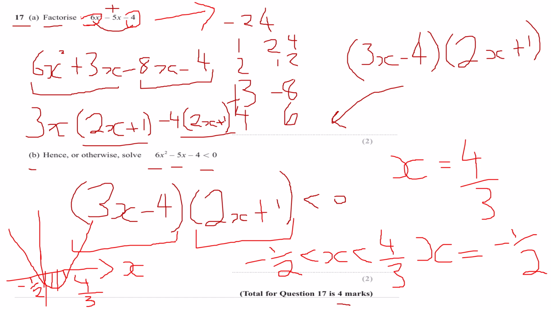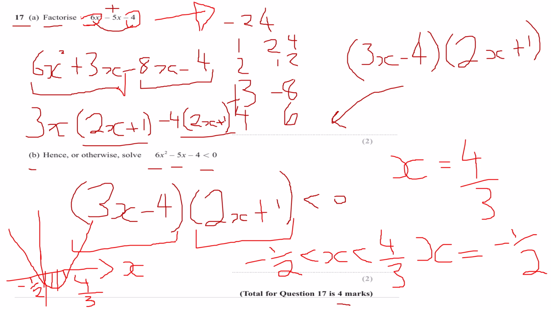It's not a lot of factors, but it would still have taken quite a bit of time. But you can do it with the trial and error method. In fact, with my students I do it by trial and error, but because I'm making a video here, I'm trying to formalize it. This is factorizing a non-monic quadratic where the coefficient of x squared is not equal to 1. It's actually greater than 1.